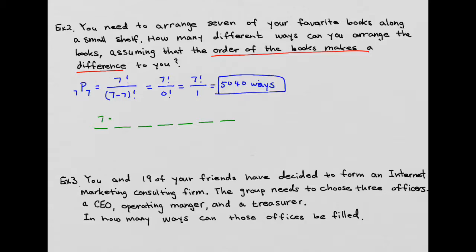For the second book, I now have 6 options because I already placed one of the 7 books in the first location. For the third book, I have only 5 books left, then 4 books left, 3, 2, and 1 book. When you multiply that, you end up getting exactly the same number. So either way you can use in this type of problem.